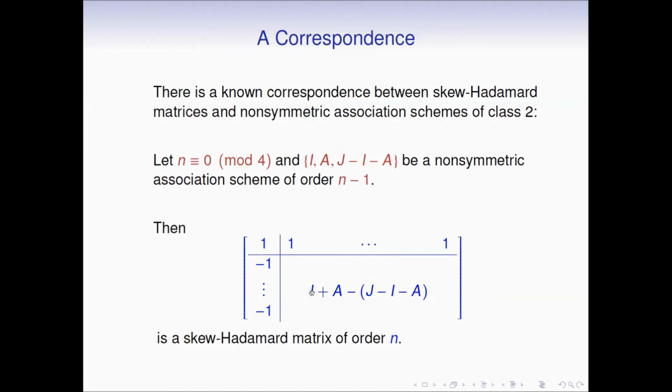And it is easy to check that this matrix is a Skew-Hadamard matrix. Just multiply by the transpose and see that it is nI, and it is clear that it is skew. So this is a one-to-one correspondence.